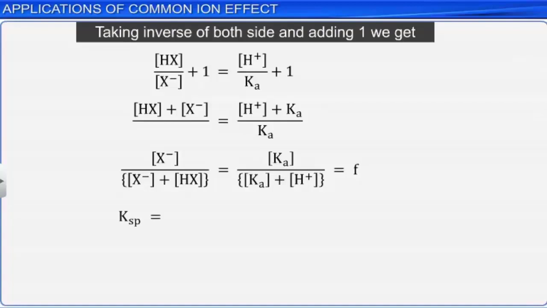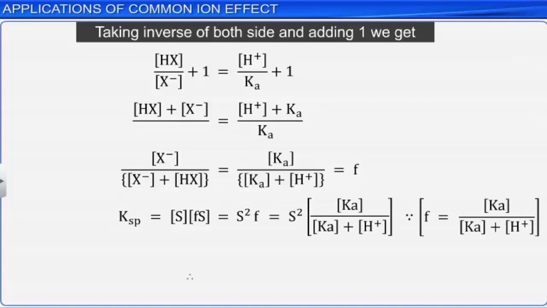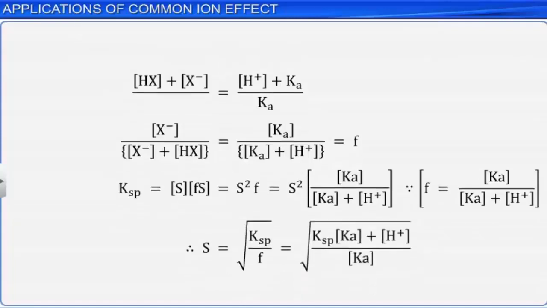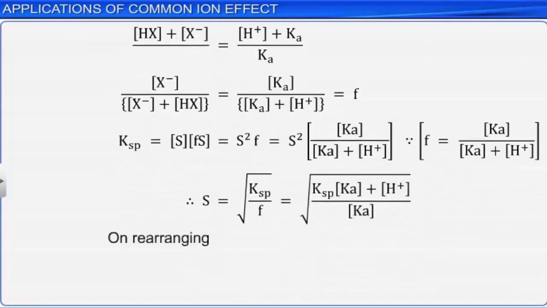That is, equal to the product of S² and F. Therefore, solubility is equal to the square root of Ksp divided by F. On rearranging the equation, we get solubility S is equal to the product of Ksp and ([H⁺] plus Ka) divided by Ka, whole to the power half. So we can conclude that solubility increases with a decrease in pH or an increase in H⁺ ion concentration.